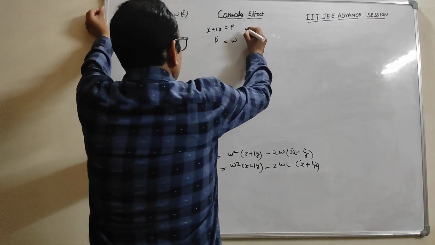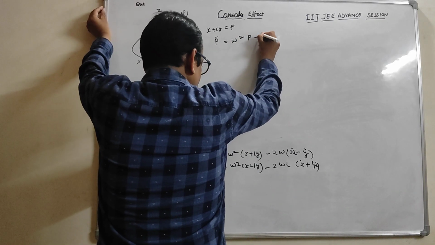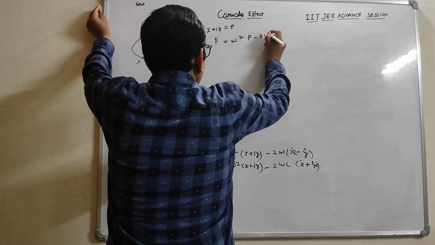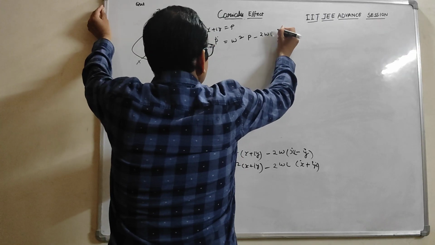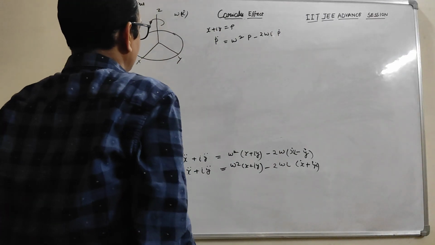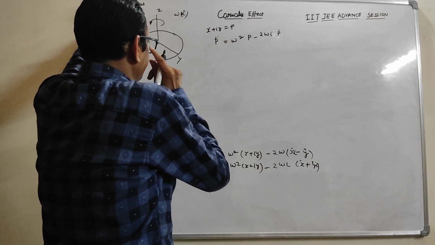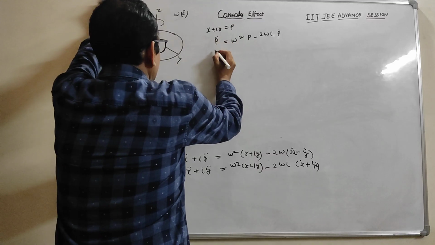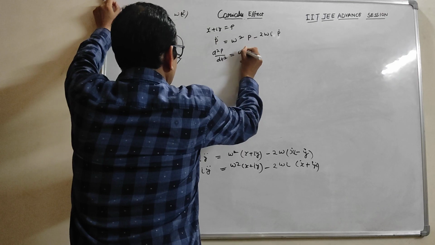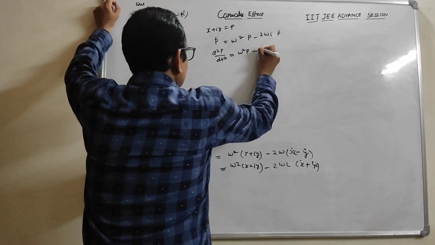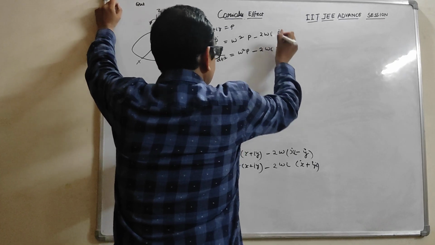So omega square p minus 2 omega i p dot. So we can write d2p over dt square is equal to omega square p minus 2 omega i dp over dt.